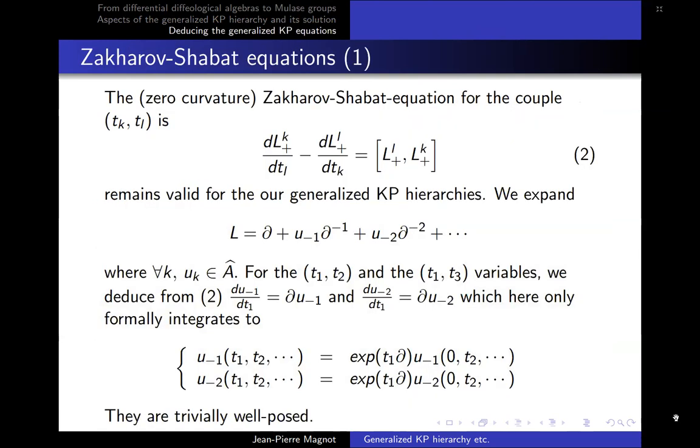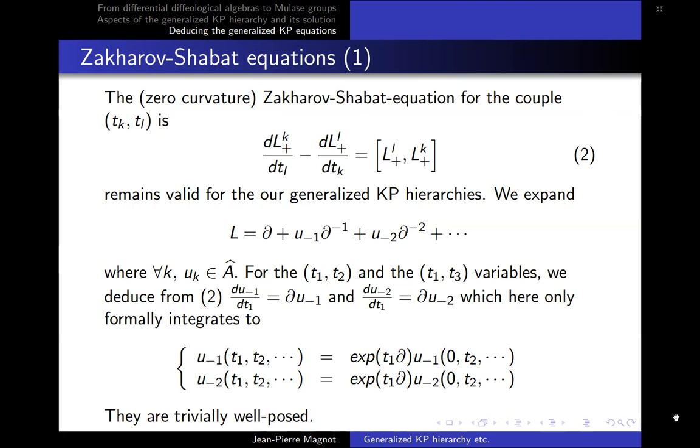So let us go, let us descend now to the equations of the hierarchy. In order to get back the KP equation, the classical way is to consider the zero curvature equation.